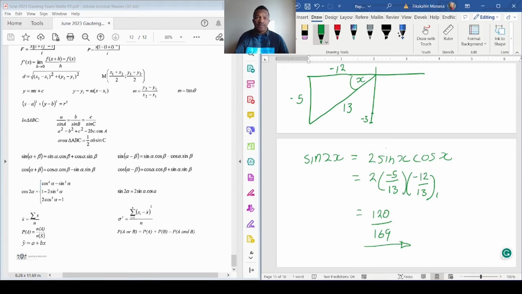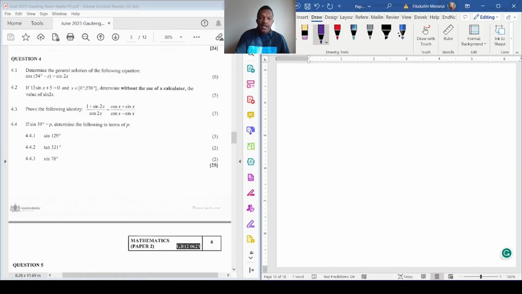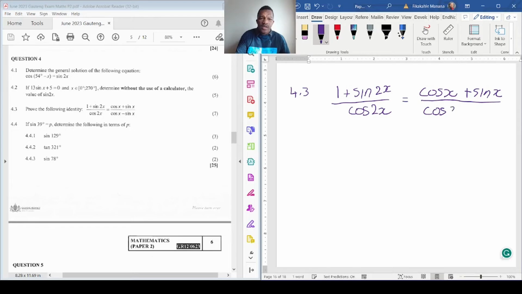That's your final answer. Okay, so now we are in 4.3. And it says prove the following identity. Let me just write it down. It's 1 plus sine 2x divided by cos 2x is equal to cos x plus sine x divided by cos x minus sine x.